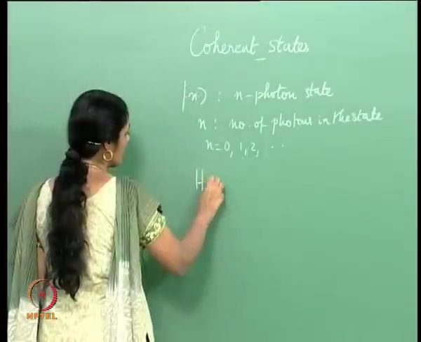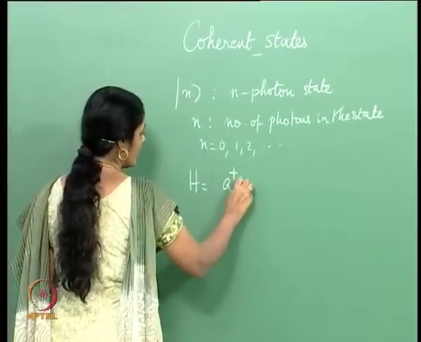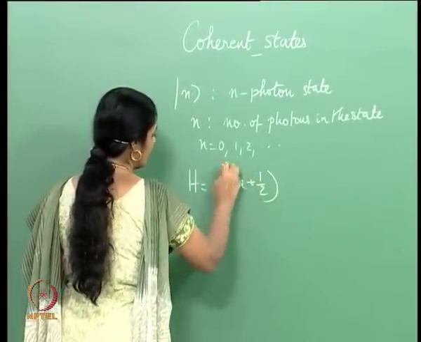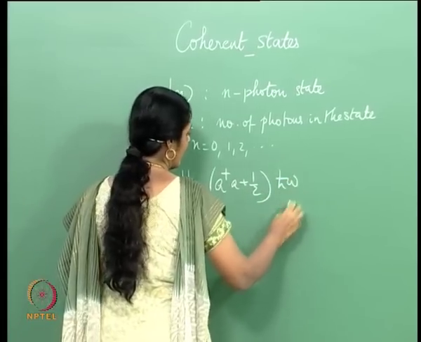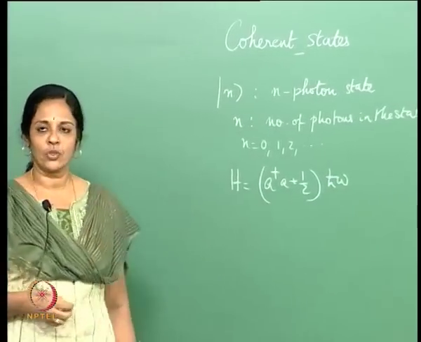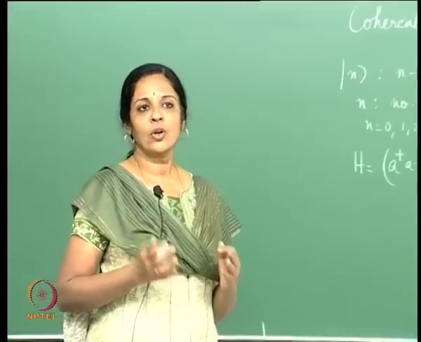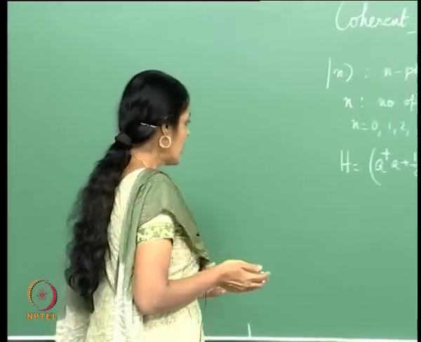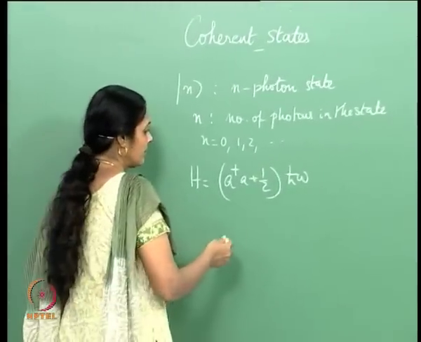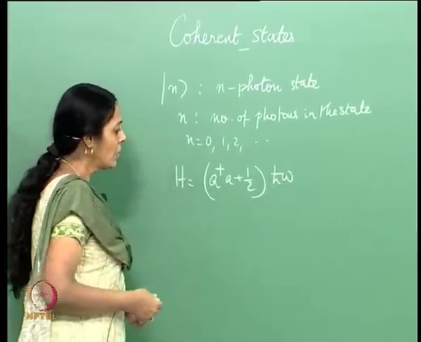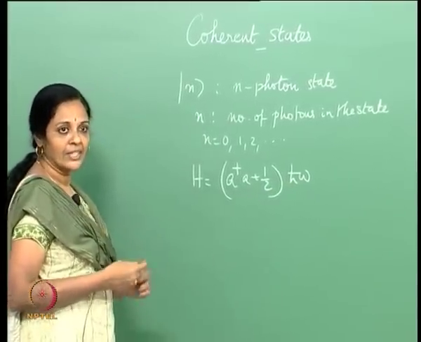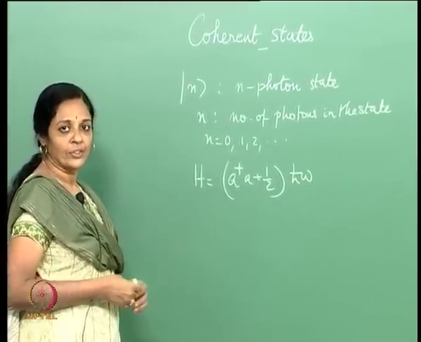The Hamiltonian under consideration is a dagger a plus half h cross omega, half h cross omega being the zero point energy, and omega being the frequency of the radiation field. Radiation field is the quantized electromagnetic field.